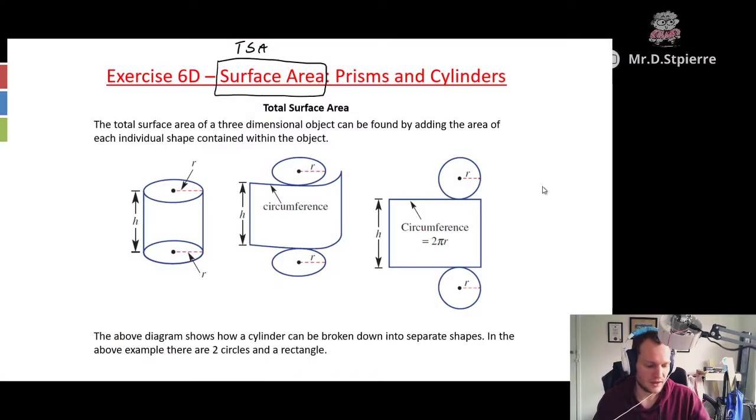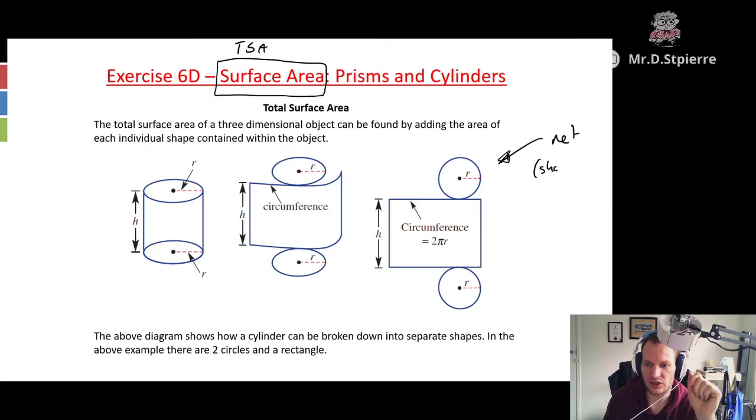Now if we unwrap that, say if I cut it straight down that sticker line and peel it out, what's that going to look like? Well, it's actually going to look like a rectangle in this case. We can see there as that cylinder's been broken apart, it unwraps, and it ends up giving us this, which is called a net.